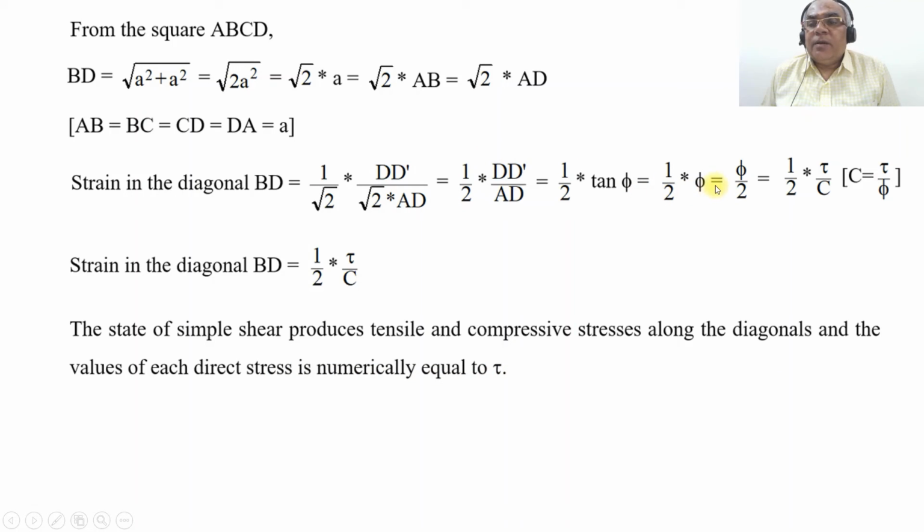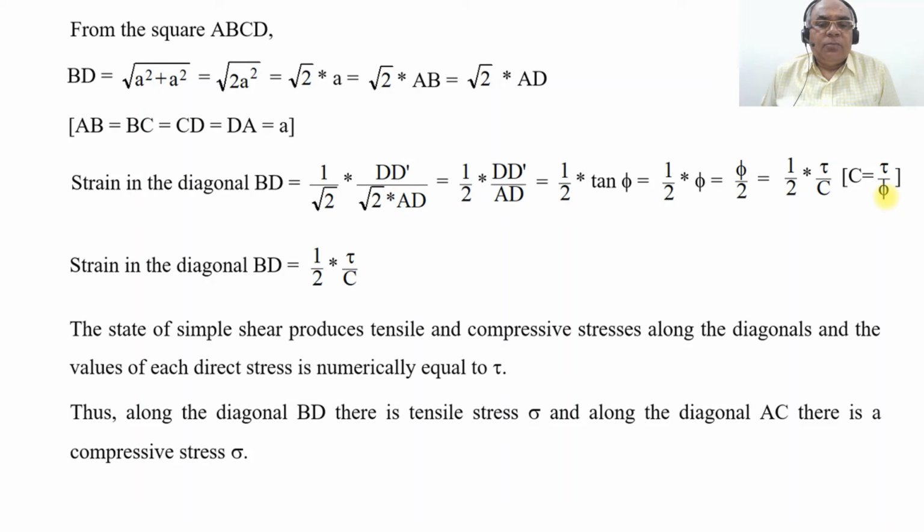So this is how we get phi by 2, and C is equal to tau by phi, that is shear stress by shear strain is the modulus.